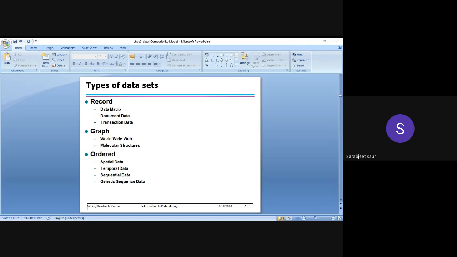Now, vis-a-vis the other kind of data sets that we are going to discuss later, you will see that these data sets also have another peculiar characteristic which is to be noted. The record data sets do not have relationships among the objects. They don't have any explicit, known-beforehand relationship among the objects.